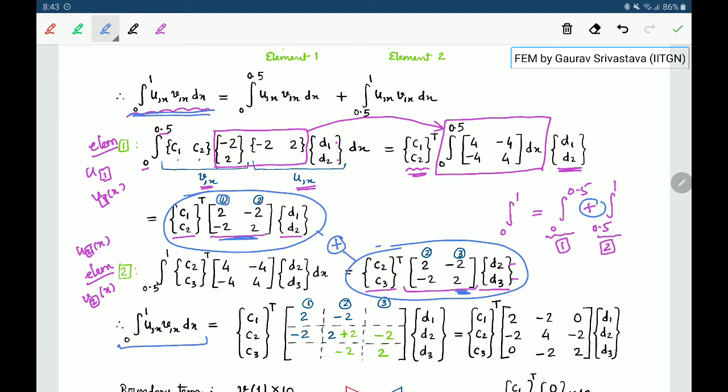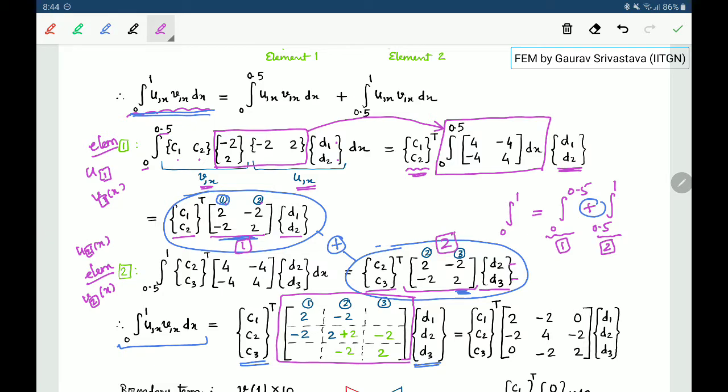So for this integral 0 to 1 of u comma x v comma x dx, we now have this c1 c2 c3 vector, which is the full vector of c's, times, on the right hand side, the d1 d2 d3 vector, which is the full vector of d's, and in the matrix we have this, which is in a way a combination of the matrix of 1 and the matrix of 2.